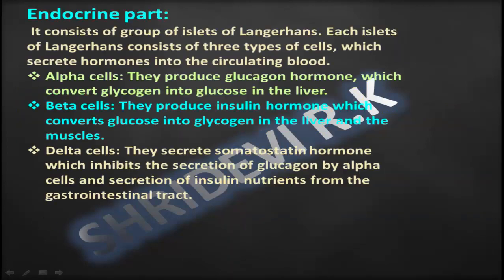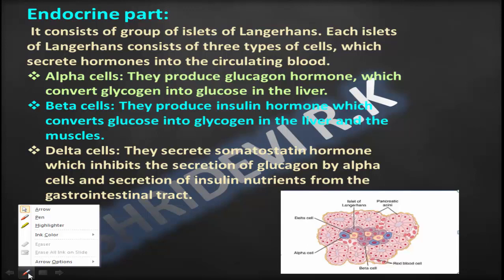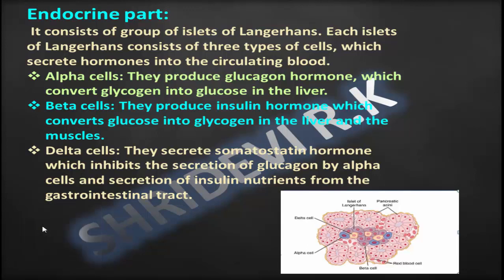Moving to the next part, the endocrine part. Here is the image. The endocrine part of the pancreas is called islets of Langerhans. Each islet of Langerhans consists of 3 types of cells. Endocrine means what? The ducts are absent.